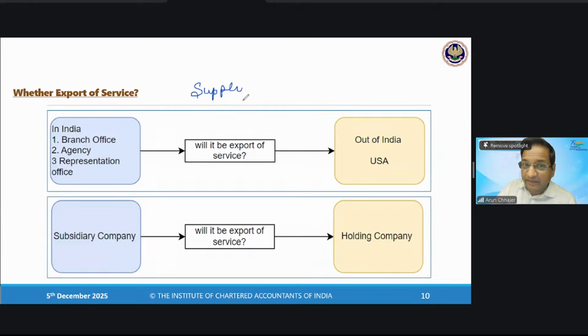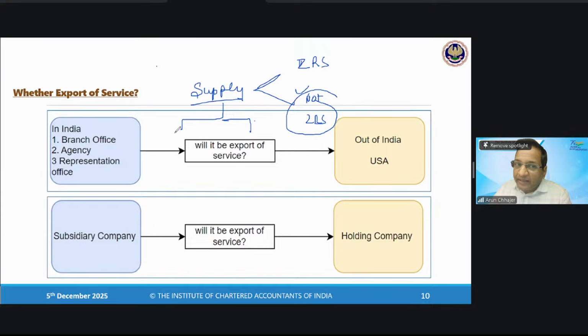Not sure. Why not sure? Because I'm not saying this for this transaction specifically; I'm generally talking about it. If the transaction is a supply, it can be a taxable supply, or it can be an exempt supply. Can't it be an exempt supply? If the government has given a notification that this service is exempted, would you need to pay the tax?